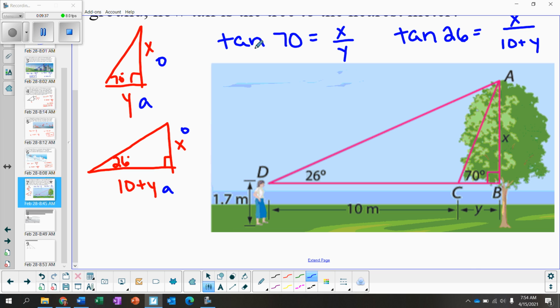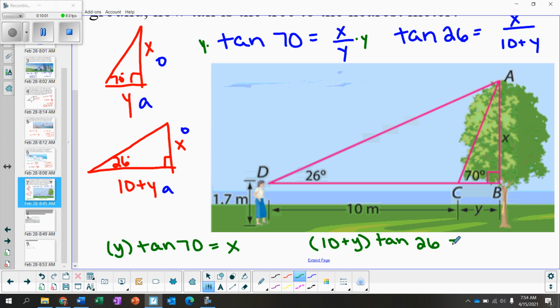So I'm going to start with this. If I multiply by y and multiply by y, I get y times the tangent of 70 equals x. And on this one, if I multiply by 10 plus y and multiply by 10 plus y, then I have 10 plus y times tangent of 26 equals x.